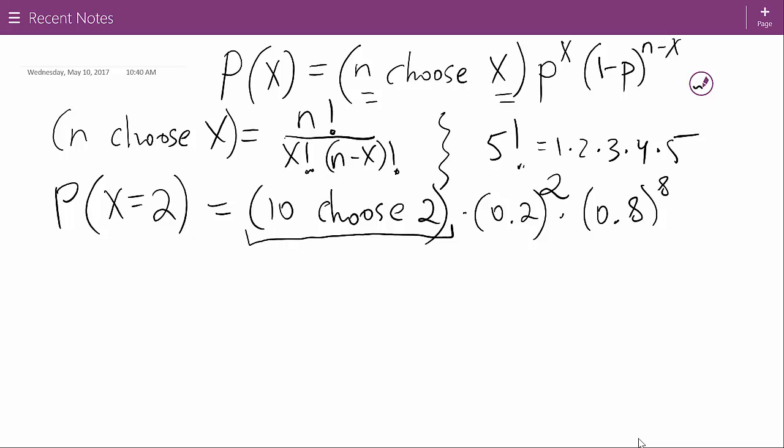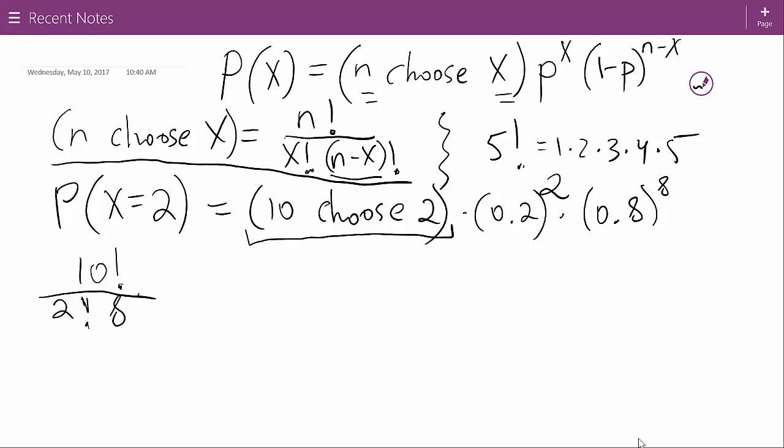According to my formula, that should be 10 factorial divided by 2 factorial, and 10 minus 2 is 8, so 8 factorial. Let me write it out explicitly.